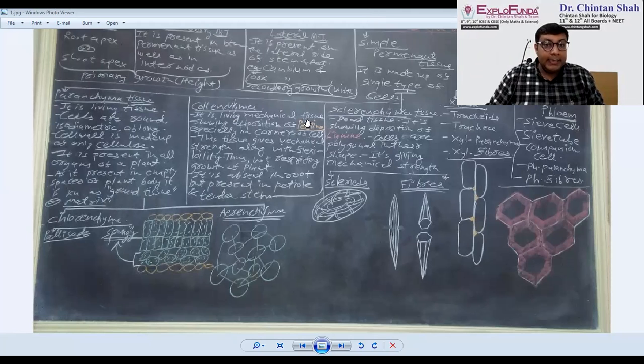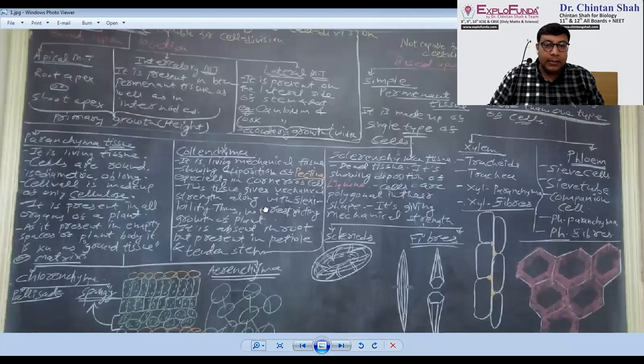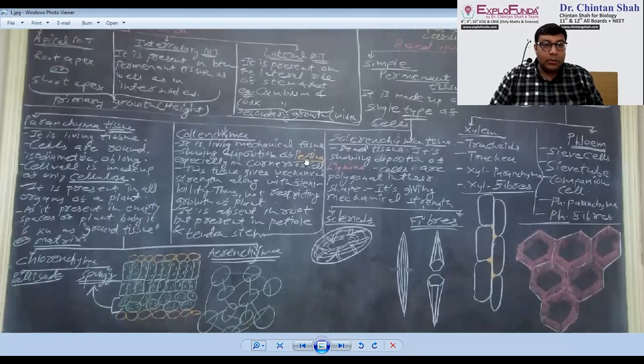It is a living mechanical tissue showing deposition of pectin, especially in the corners of the cell. That's why it is known as collenchyma.